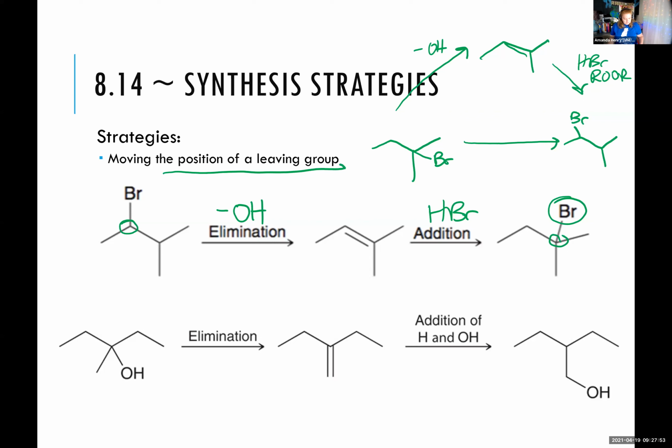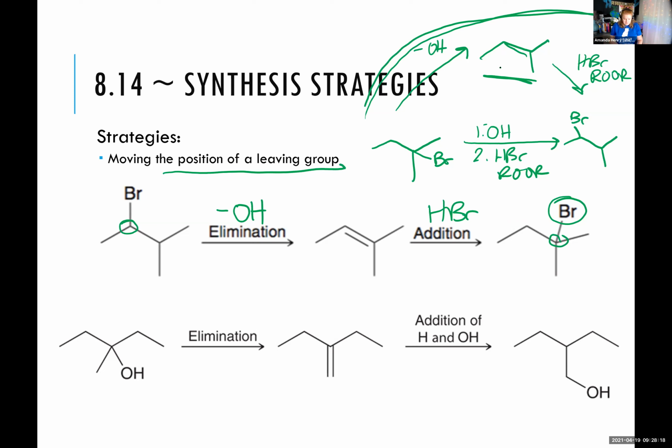When we're doing these as multi-step syntheses, we generally write the reactions on the line together like that. If you're doing it for a test question, it's a really good idea to include all of those intermediates. So you would want to draw out the alkene, and really that's kind of a partial credit thing.